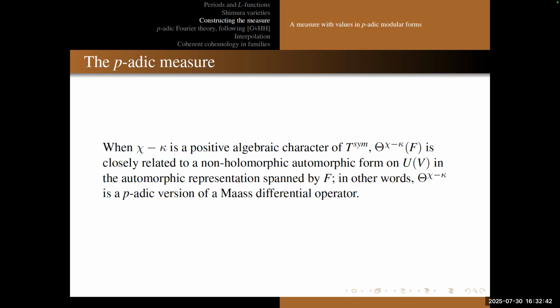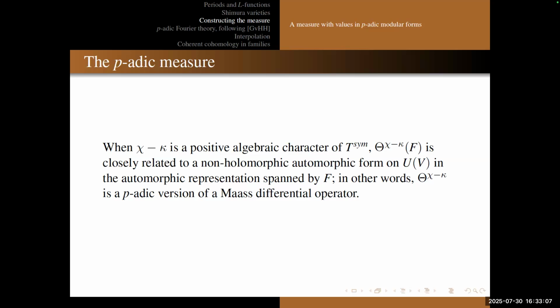If you apply this delta operator to the lowercase f and you integrate it against this f prime, it's the same thing as applying this theta to the uppercase f, which is the same thing as the lowercase f, except thought of as a p-adic modular form, and pairing it with the p-adic anti-holomorphic form.